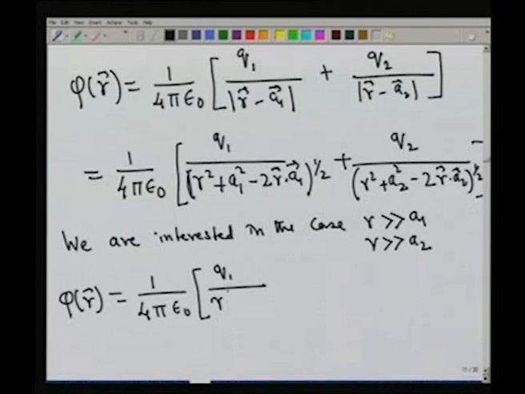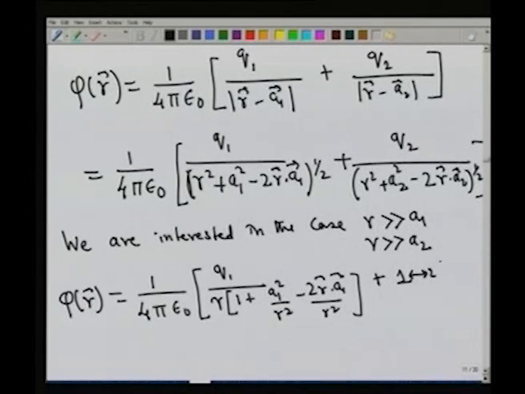I will pull r out and this will be, let me open a bracket here, 1 plus a1 squared by r squared minus 2 r dot a1 by r squared, plus, let me symbolically denote it as 1 goes to 2. That is, wherever there is 1 you replace by 2, that will give me q2 divided by r into 1 plus a2 squared by r squared minus 2 r dot a2 by r squared.